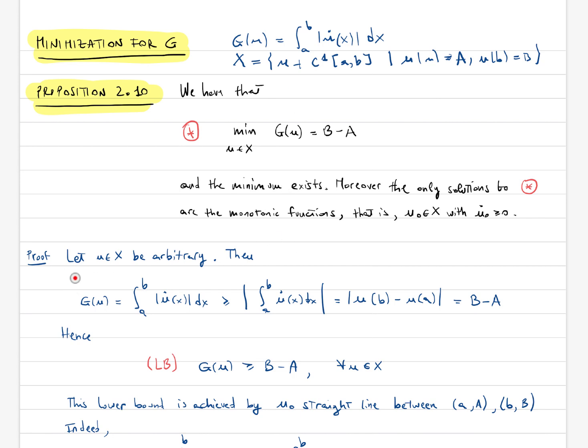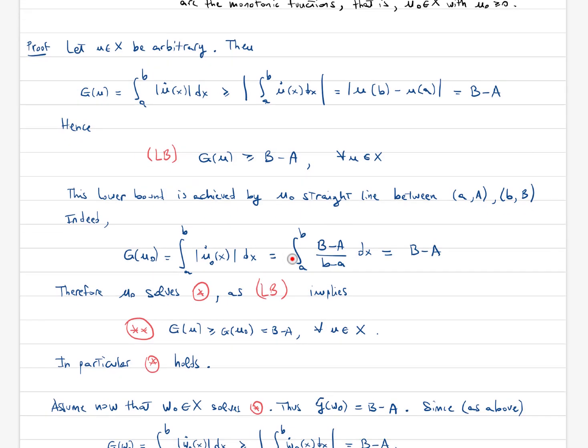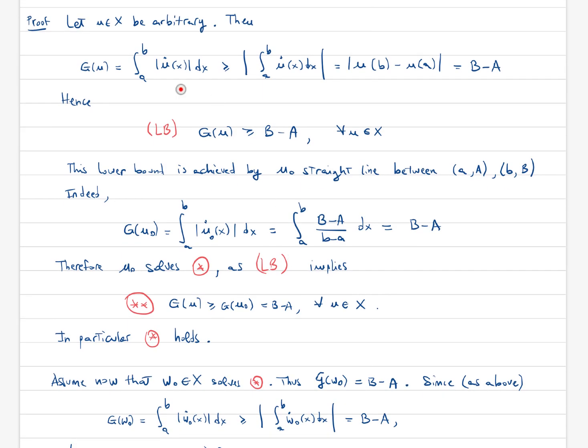So let's prove this fact. Let u in X be arbitrary. Then this energy here is greater or equal than the absolute value of the integral, because of the standard inequality for integrals. Usually one uses it the other way around, so the absolute value of the integral is less or equal than the integral of the absolute value.